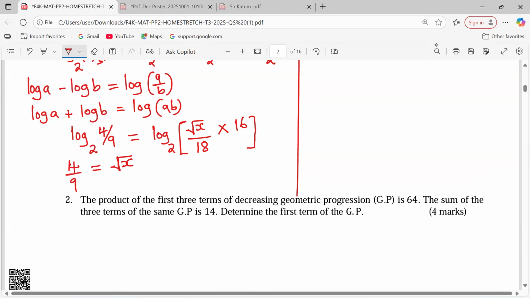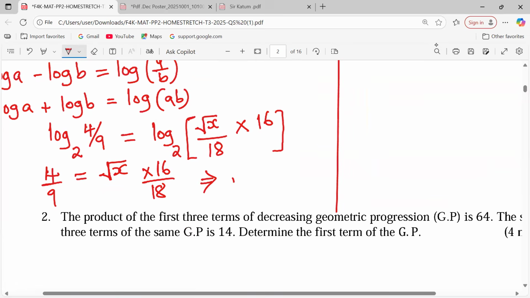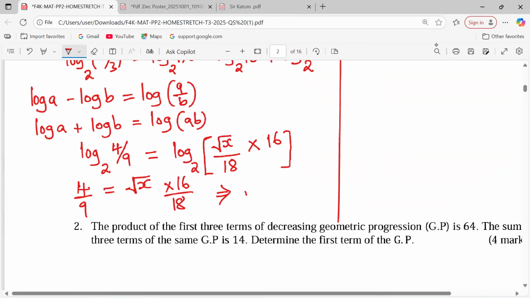the root of x multiplied by 16 over 18, meaning that we can remain with the root of x. Here we can remain with the root of x to be equal to 4 over 9 multiplied by 18 over 16.